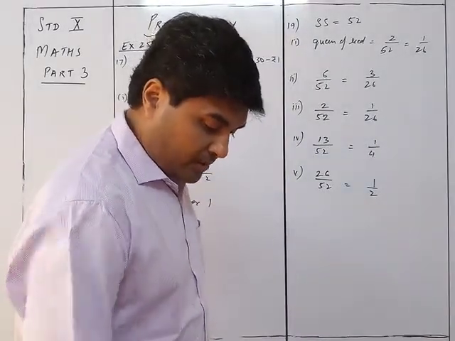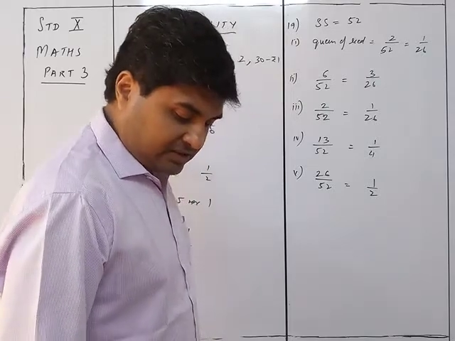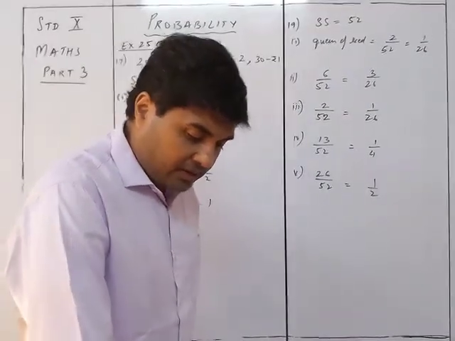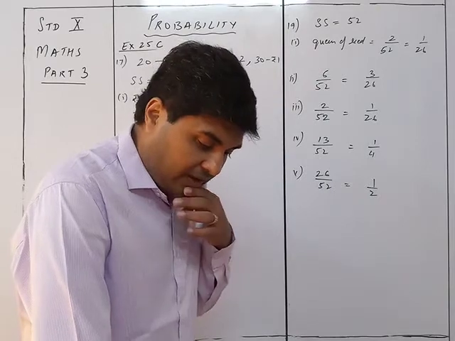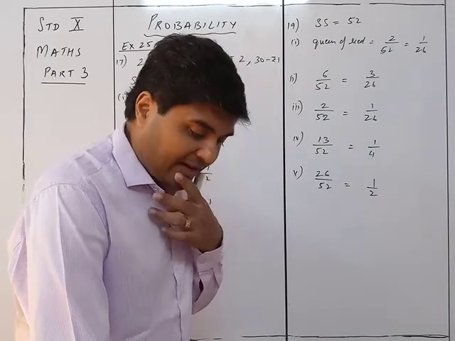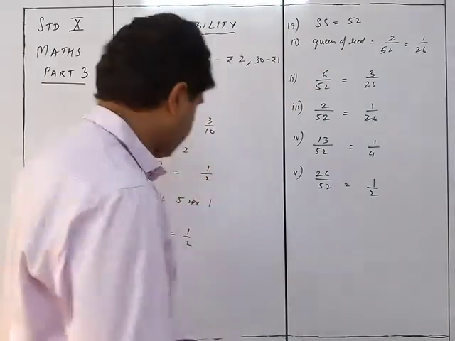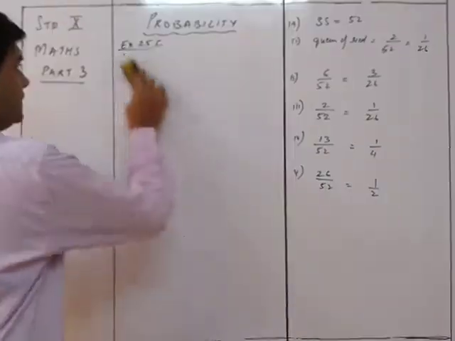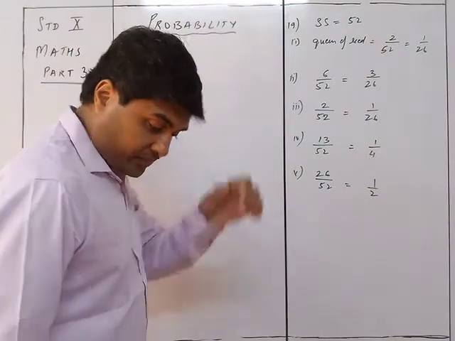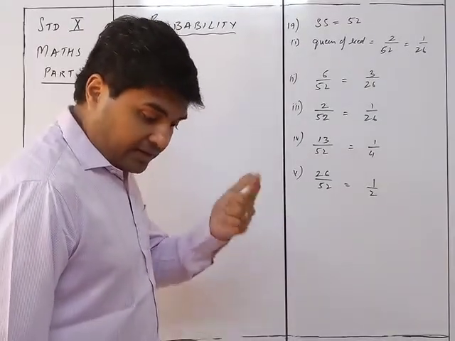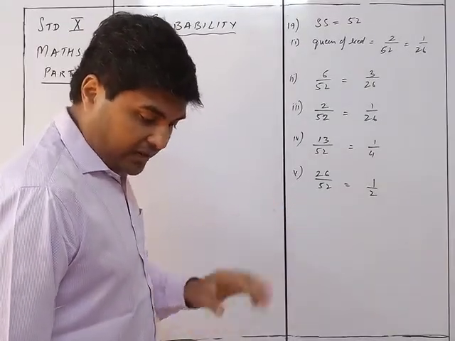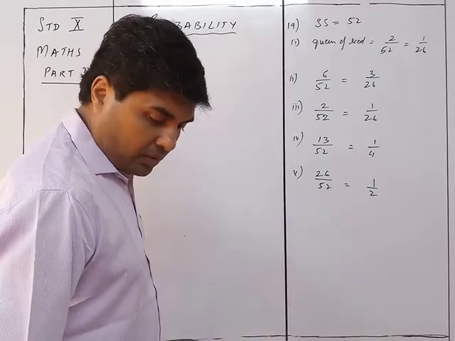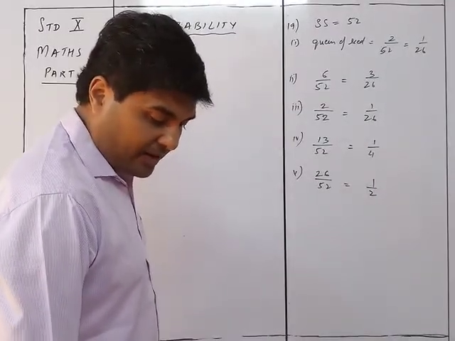Sum number 21 now. 7 cards: 8, 9, 10, Jack, King, Queen of an ace of diamond are well shuffled.